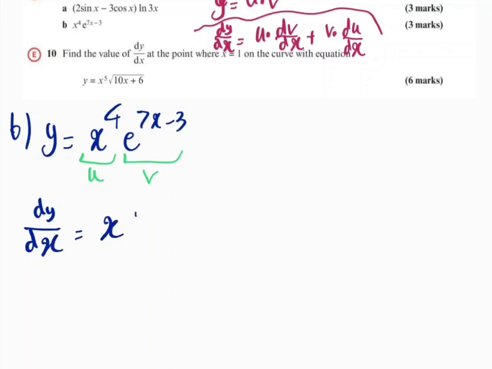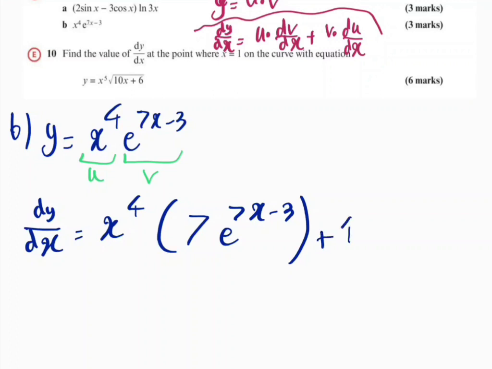So u times dv/dx, which is x to the 4 times, e to the 7x minus 3 differentiates to 7, so 7 comes down times e to the 7x minus 3. And now let's do the second part. So x to the 4 differentiates to 4x cubed times v, which is e to the 7x minus 3.